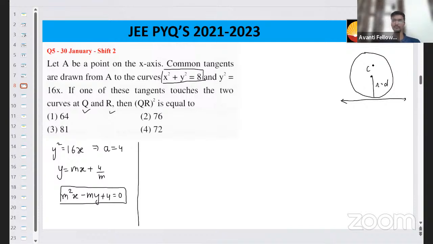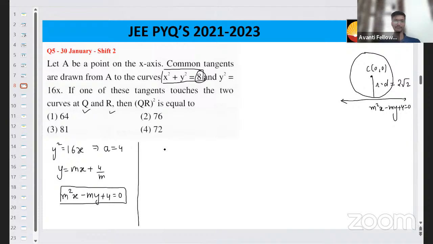The center is 0 comma 0. This is the equation of the line, m square x minus my plus 4 equals 0. And the radius is 2 root 2, root 8.